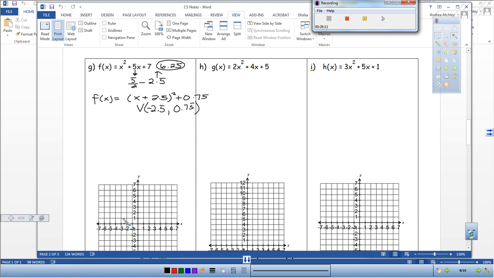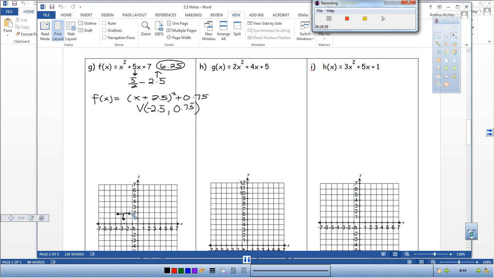Then I'm going to go up 1 and over 1. Up 1 and over 1. This is in between, so it's half to a half, and this is 3/4 to 3/4.